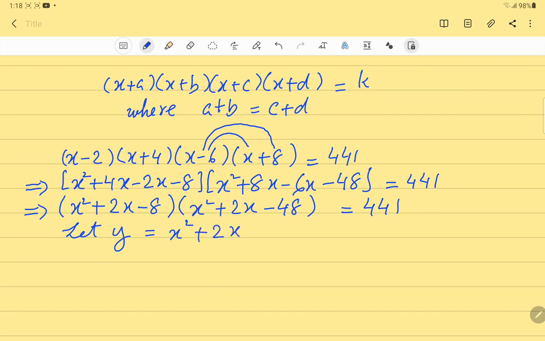So y is equal to x squared plus 2x, and now we will replace this value into the equation. So instead of x squared plus 2x we will write y, and then minus 8, then again y and minus 48 is equal to 441.